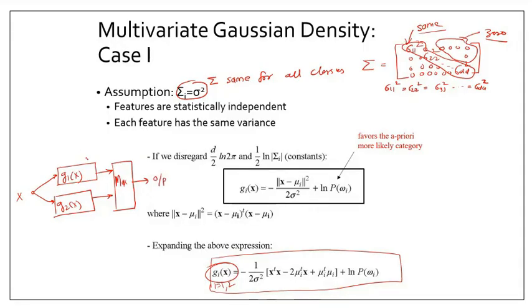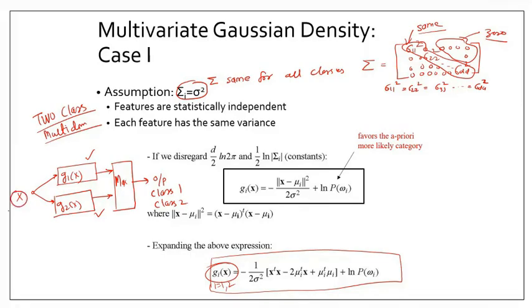If this is the winner, then the output is class 1. If this is the winner, then the output is class 2. I'm just considering a two class, multi-dimensional problem.